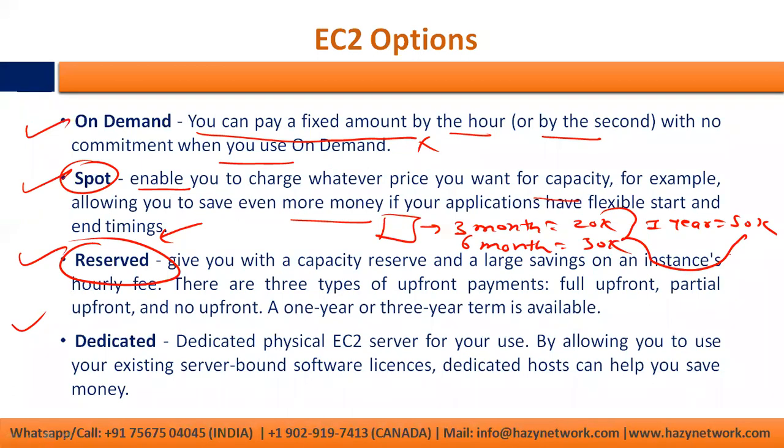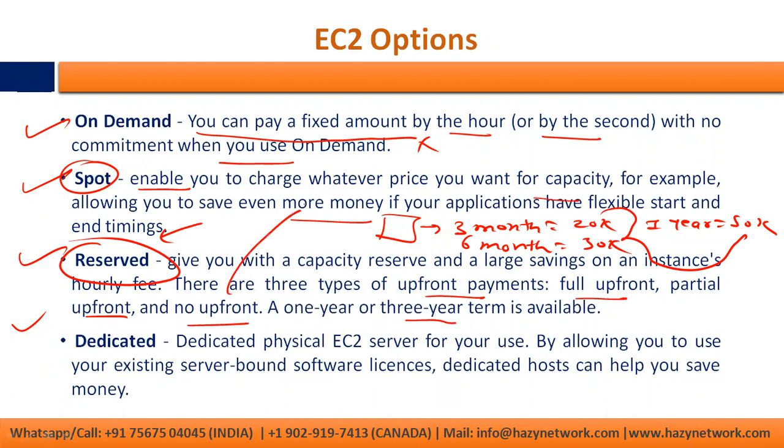Reserved means you are reserving something for a long time, correct? So it gives you capacity reservation and large savings on the instance hourly fee. There are 3 types of upfront payment: full payment, partial upfront payment, or no upfront payment. A 1-year or a 3-year term is available.